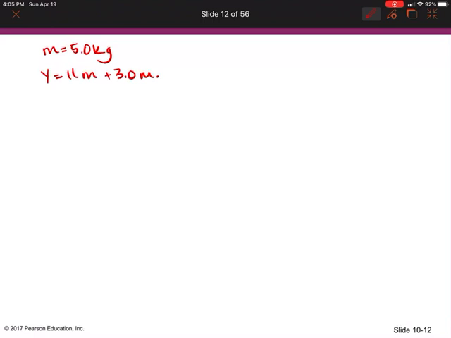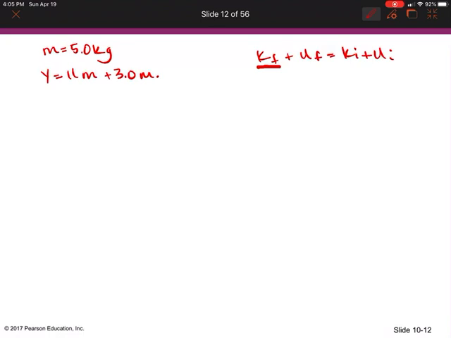All right, so whenever you go to set this up, you've got to use your conservation of energy equation. Kind of figure out which one has what. So does it have final kinetic energy? Yes. Why?